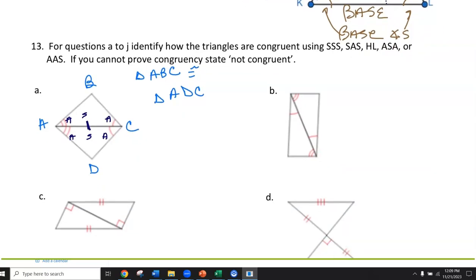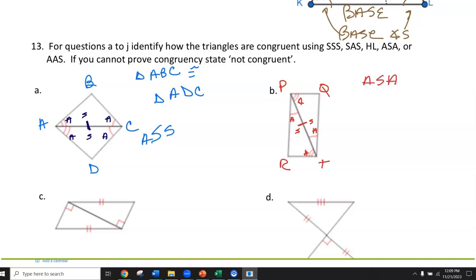Okay, look at this next one. What do I have? Again, mark that reflexive piece. That's going to give me angle, side, angle, and angle, side, angle. Okay, so P, Q, R, T. Okay, so I should go back and say that I found I had congruency by angle, side, angle here, and also by angle, side, angle here.